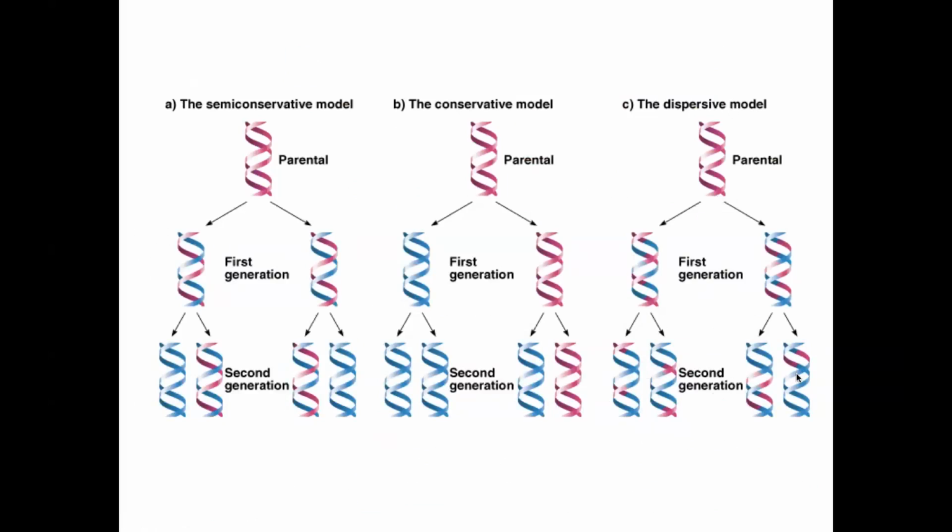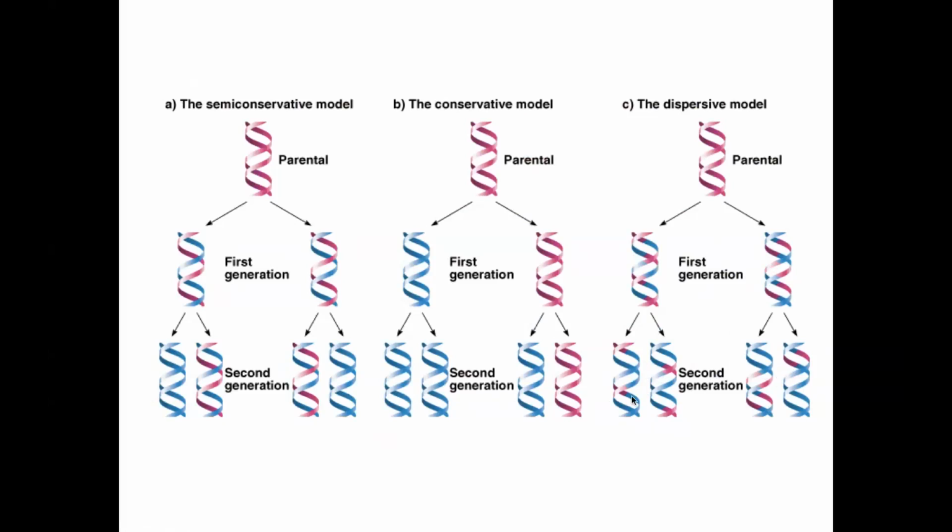So all four of those molecules are still hybrid molecules, but the N15 is being diluted. There's less of it relative to N14. So even though these are all hybrid molecules in the second generation, similar to the first generation, the relative amount of N15 nitrogen in those daughter molecules of the second generation is less. Therefore, the density is going to be lower.